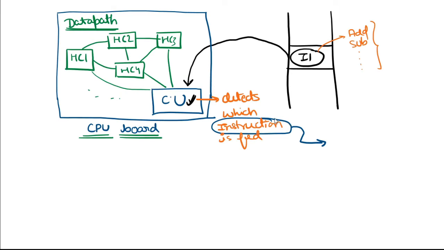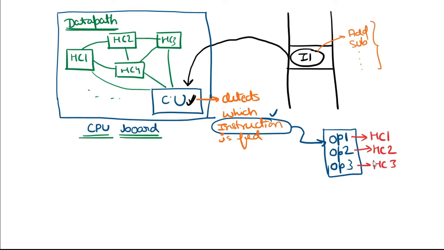So after detecting the instruction, the control unit knows, for example, that instruction I1 requires operation OP1, OP2 and OP3 in the same sequence. In order to execute the instruction, we will be doing these three operations in sequence. Suppose operation 1 can be done using hardware component 1, hardware component 2 can do operation 2, and hardware component 3 is capable of doing operation 3.